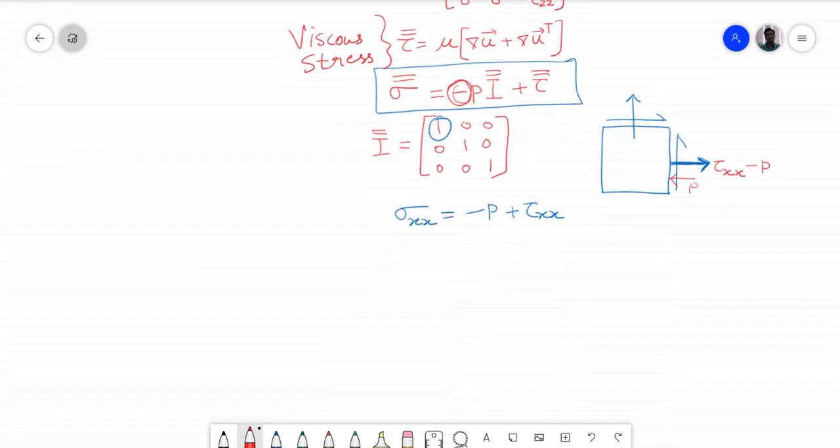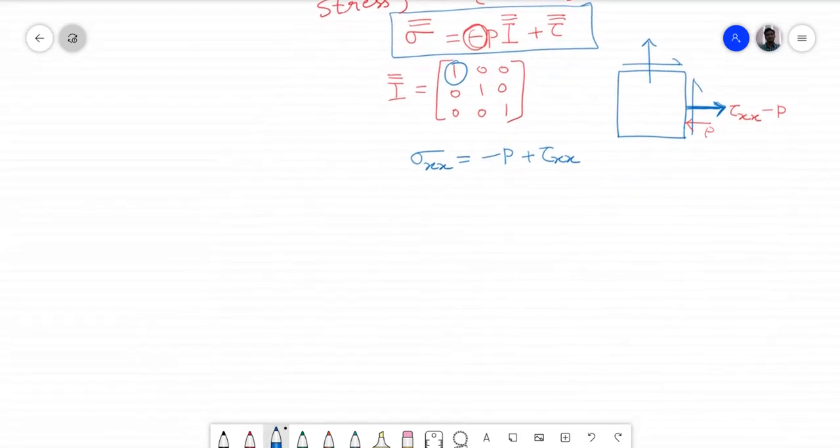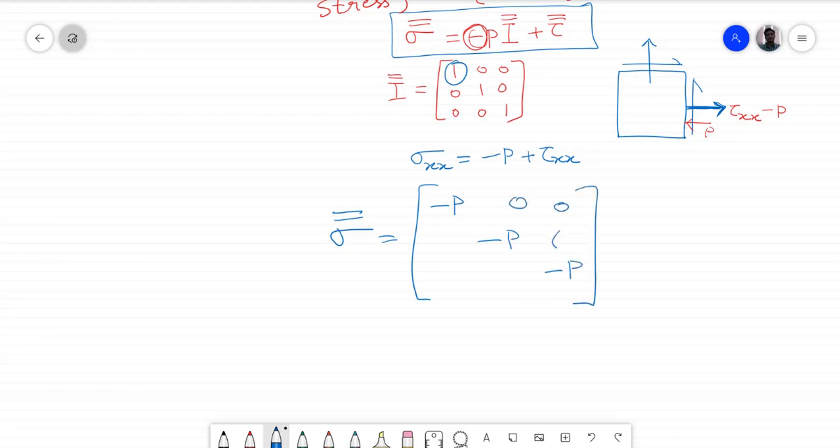All right. So if we have to write the sigma tensor for a static fluid, then what will remain here is just minus p, minus p, minus p, and 0 everywhere else. So this is the final stress state for a static fluid element.